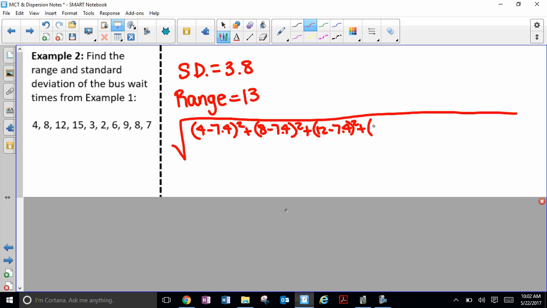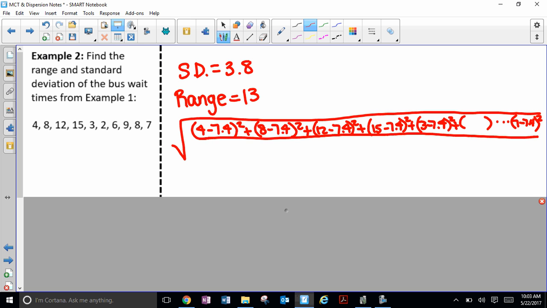Plus the next number, 15 minus 7.4, in parentheses, squared. Plus the next number, 3 minus 7.4, squared. Plus, and you would do that with all of these numbers until you got to the last one in the set, which is 7 minus 7.4, in parentheses, squared, all divided by n, which is how many there were.